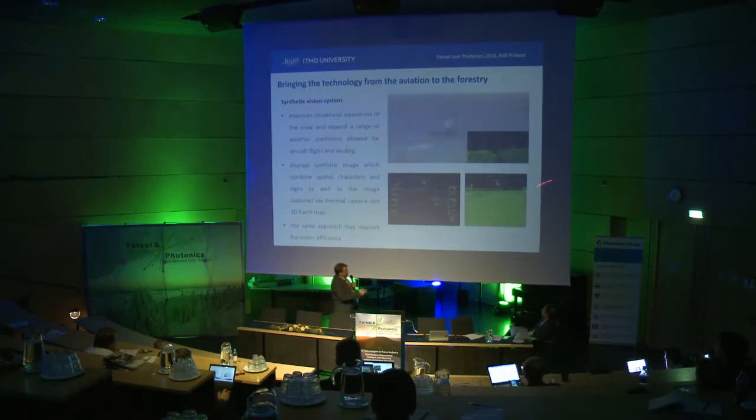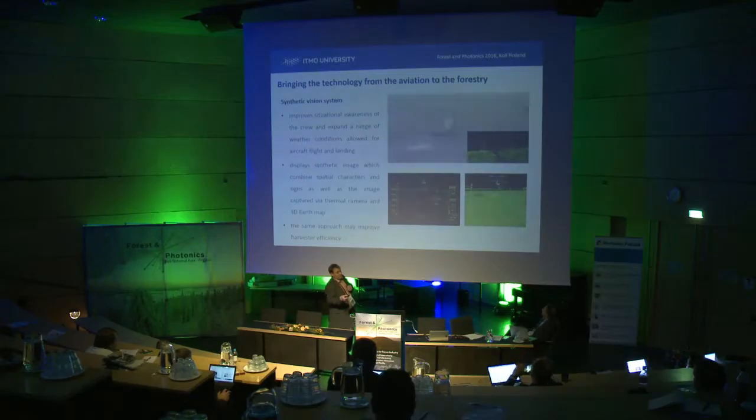But if you combine this image from the image captured from thermal camera and from computational map, you can see the runway and you can land an aircraft. Our idea that we can implement the same approach in forest machine and expand weather condition for forest machine, and it may result in improving of efficiency and safety of using of forest machine.